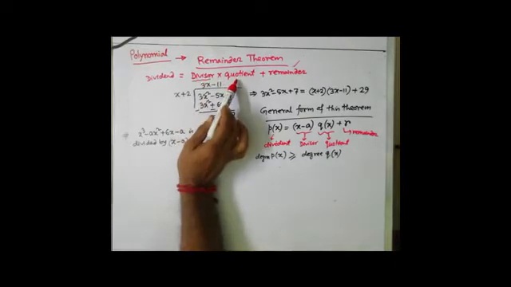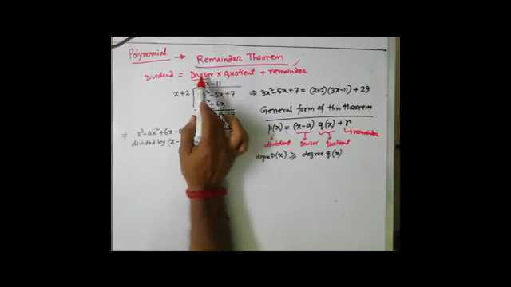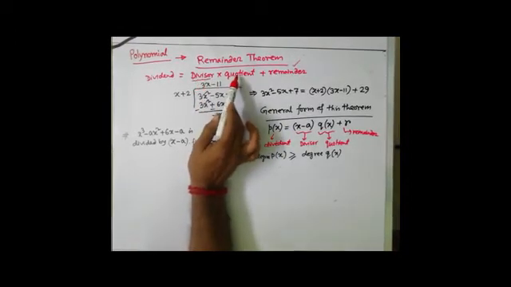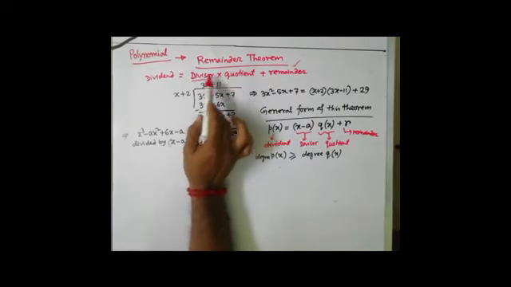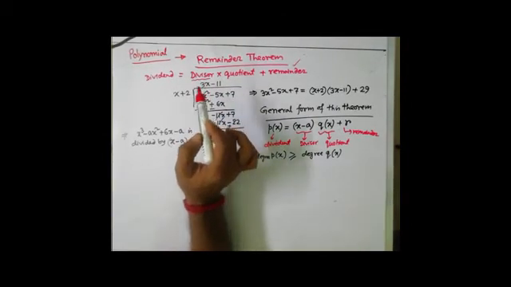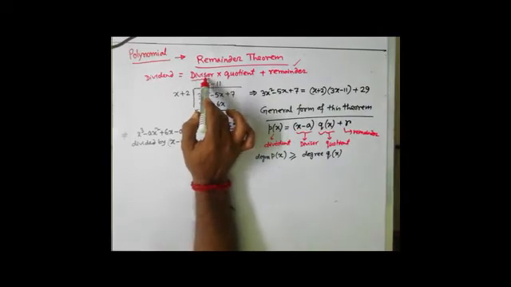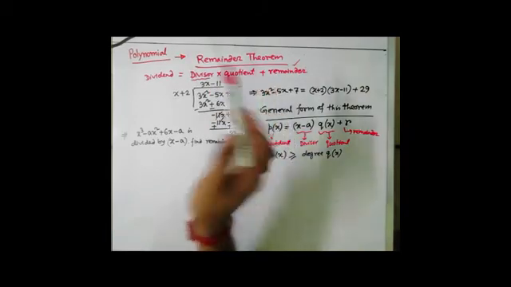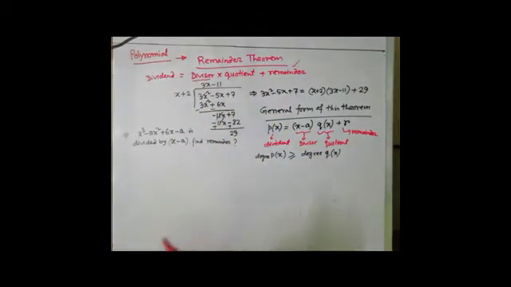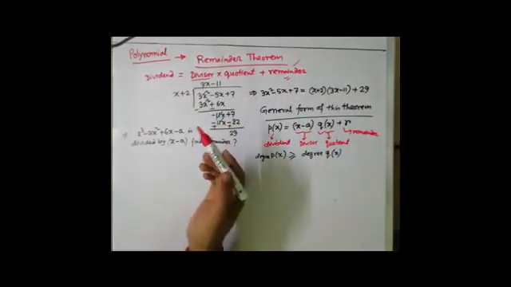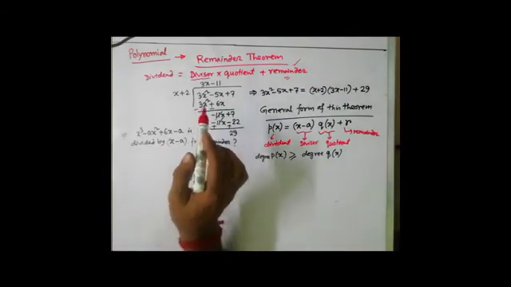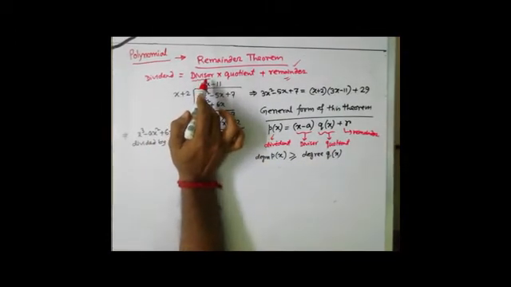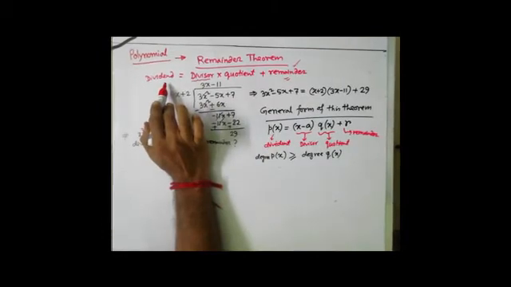Then 0 multiplied with anything is 0, so the product of divisor and quotient becomes 0, isn't it? So if you find the zero value of the divisor and put it in the dividend, that will give you the remainder. Just watch this equation. If you are asked to find the remainder, just find the zero value of the divisor, and put that value in the dividend.